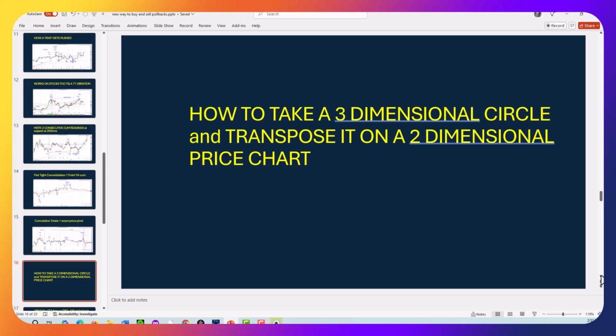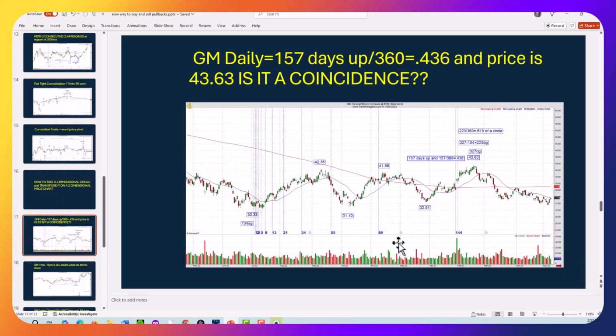Okay. So now that I showed you all that, and I gave you a hint about three-dimensional circles and transposing it on a two-dimensional price chart, let me just give you an example of what I mean by that. Take GM, for instance.